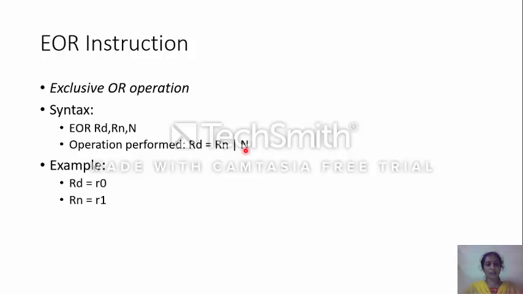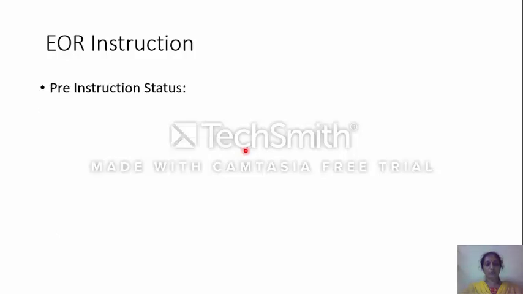Syntax is the same as AND and OR operation: EOR RD, RN, N. Two source operands are there, one is RN and second is N. Operation performed is RN XOR N. Example: RD, R0, R1, R2. Actual instruction is EOR R0, R1, R2. We will see the execution there.